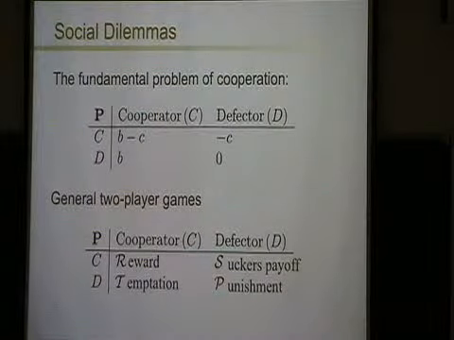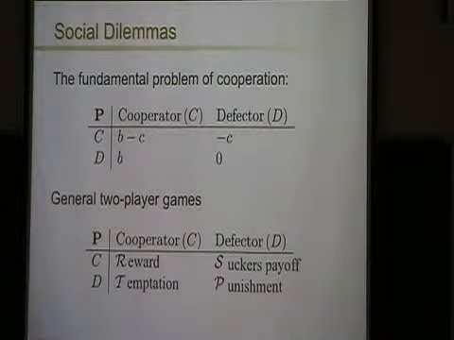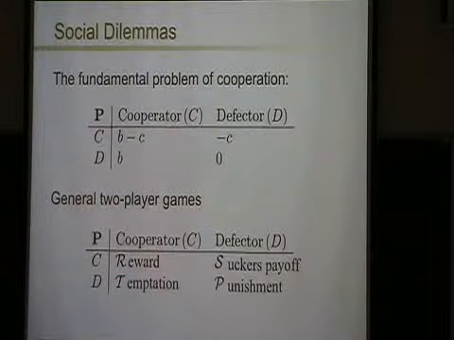So that's the general formulation of the game, and if you analyze it, you see that there are only 4 different types of games you can play in such a general 2-player setting.